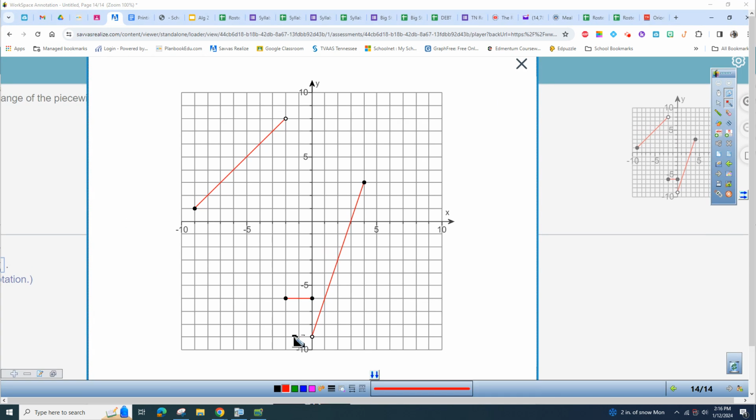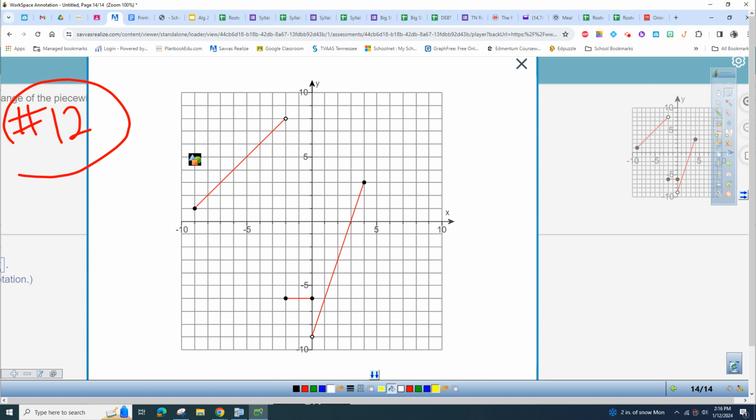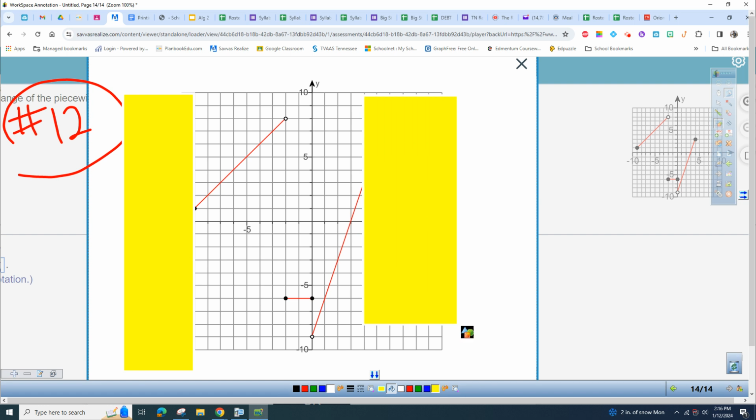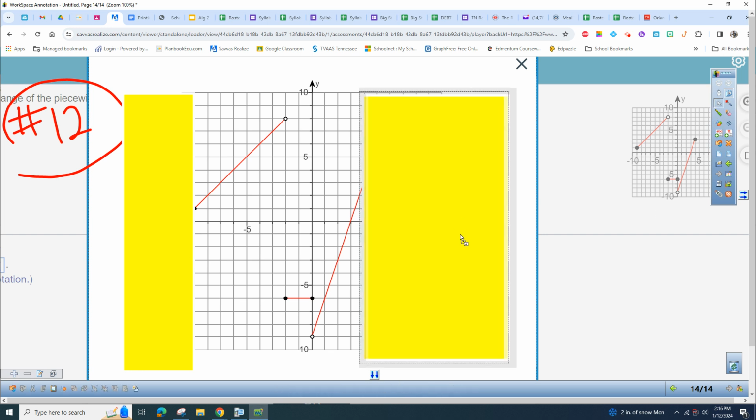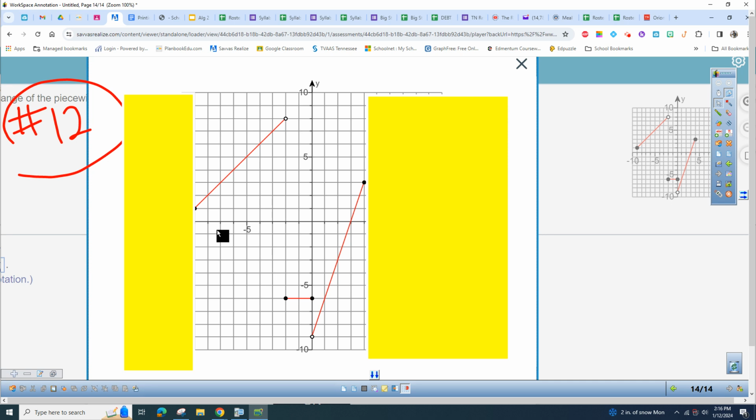Okay, and we said that this is number 12. Okay, so a while ago when we were doing domain, I put these little boxes up here to help us out. So there's nothing to the left of that box, right? And on the far right, we have this guy over here. Move that over slightly so you can see what's going on.